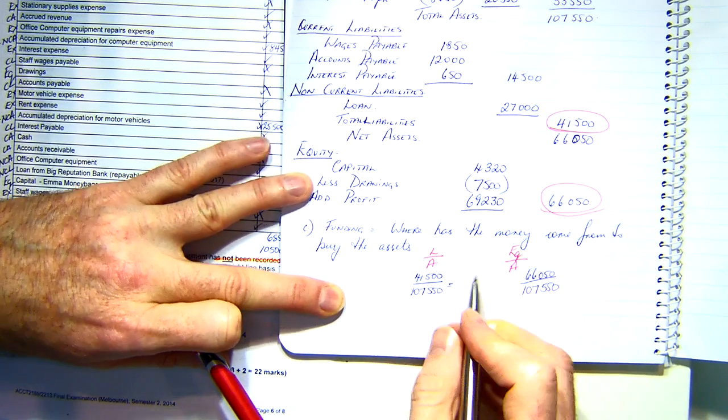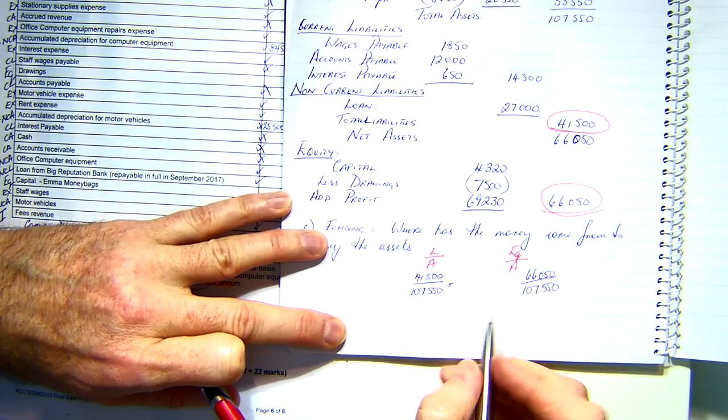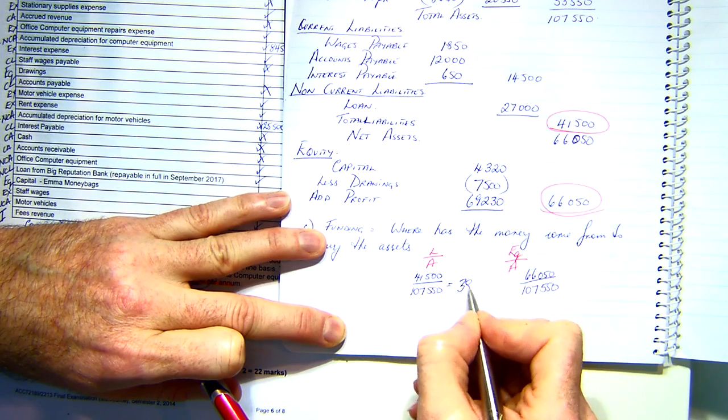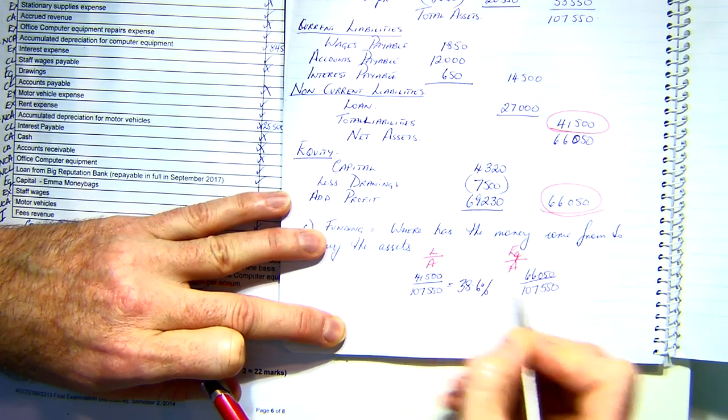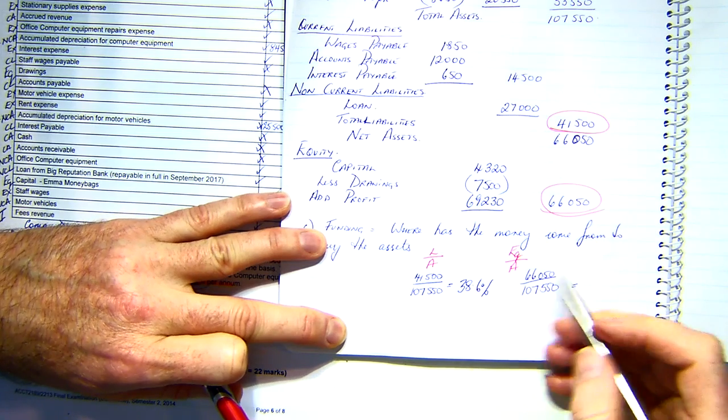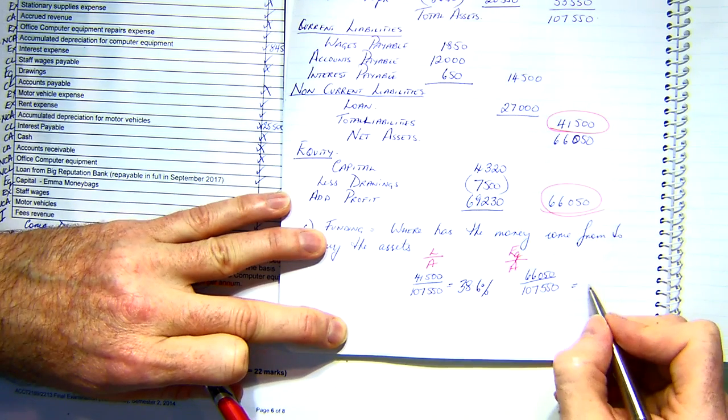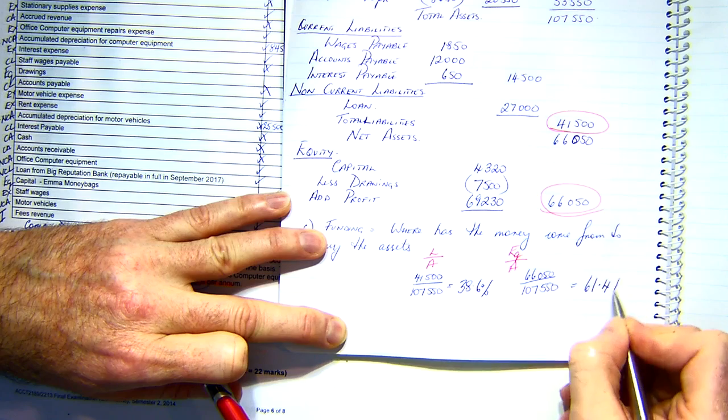Someone can give me a quick calculation on that. All right, 38.6%, and so that's 38.6. The other one must be 61.4%.